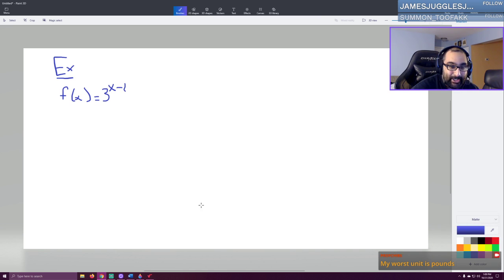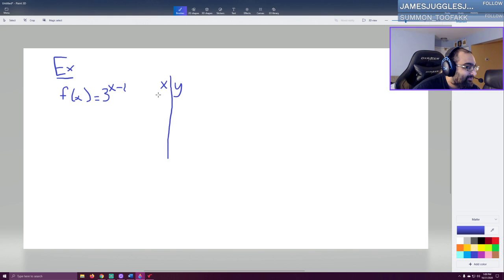All right. So here we got f of x is equal to 3 to the x minus 1 power. Let's make a little xy chart here. They pre-picked these values for us in the book, so we're just going to go from -2 all the way up to 2, one unit at a time.